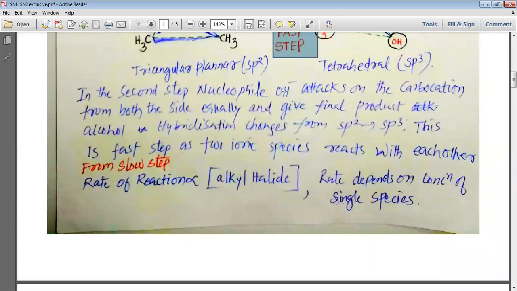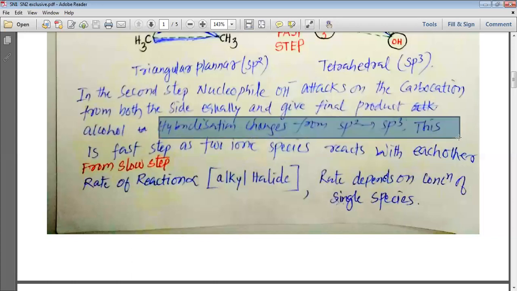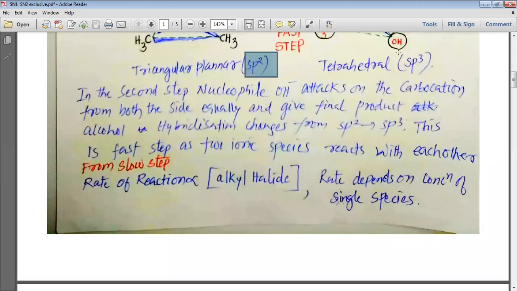In the second step, the nucleophile OH minus ion attacks the carbocation from both sides equally. Please remember that the carbocation is attacked from both sides equally and gives the final product. This final product is your tertiary alcohol. Hybridization changes from sp2 to sp3. You can see that the carbocation was sp2 hybridized, whereas the alcohol is sp3 hybridized.